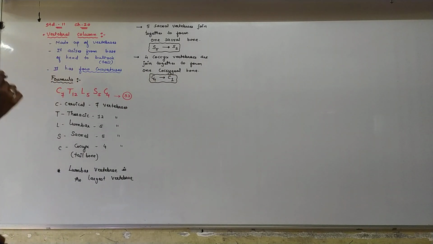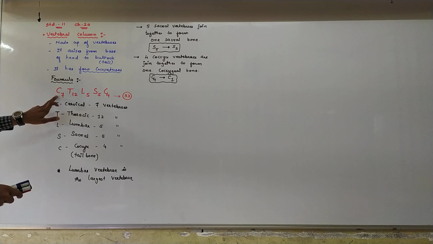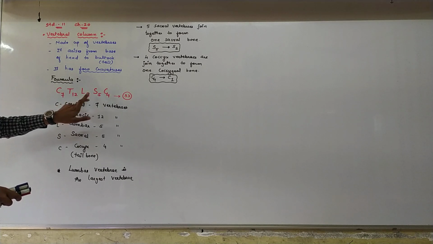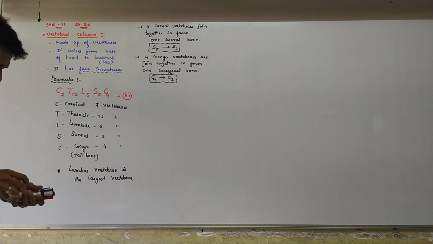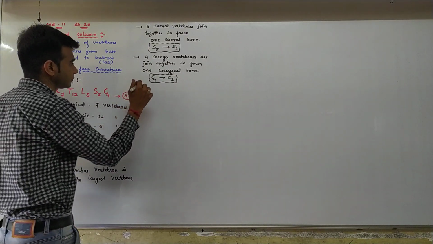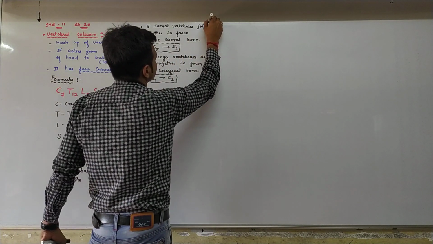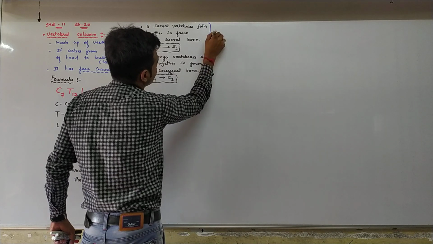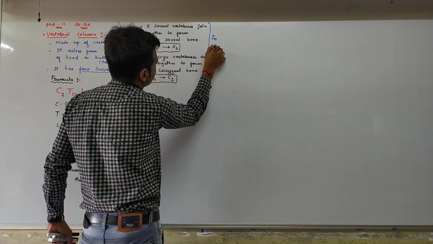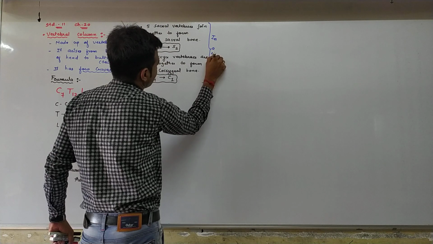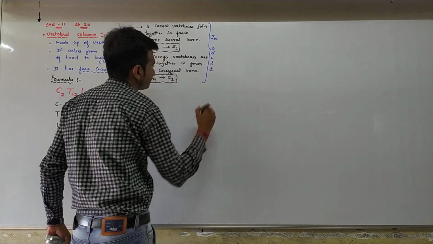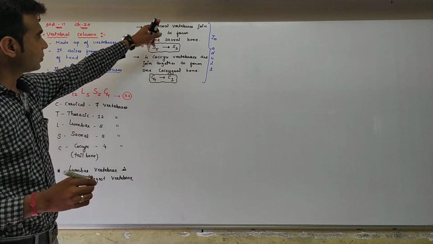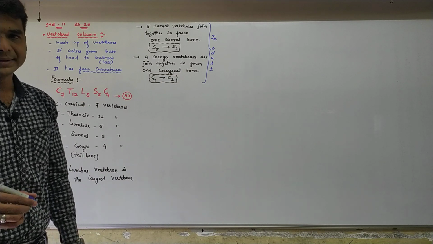So here I mean to say that this one, C7, T12, L5, S5, C4, all these changes occur in the adult.